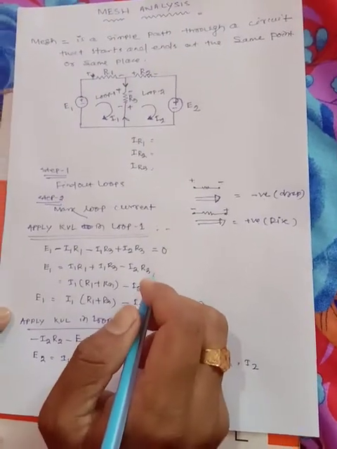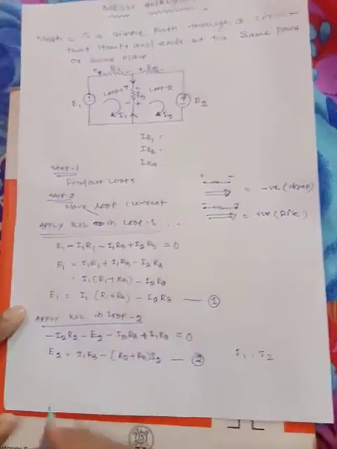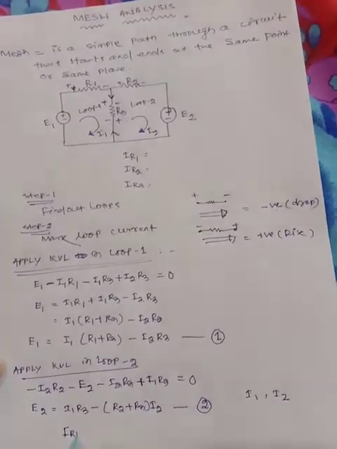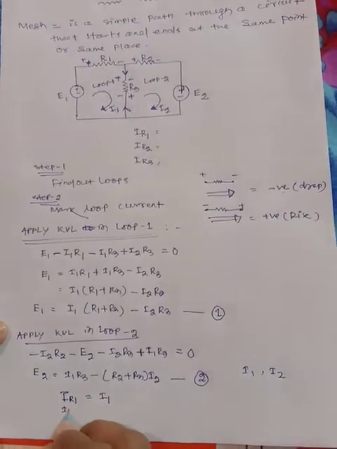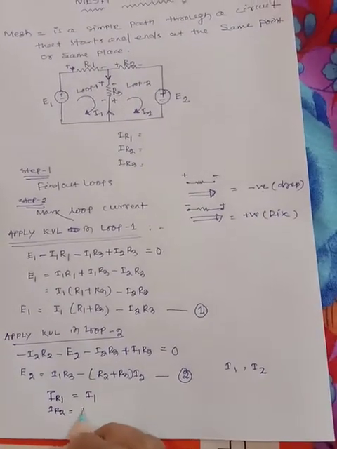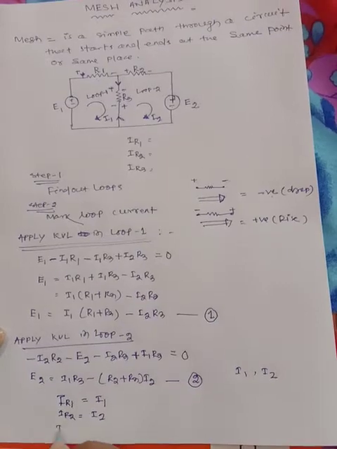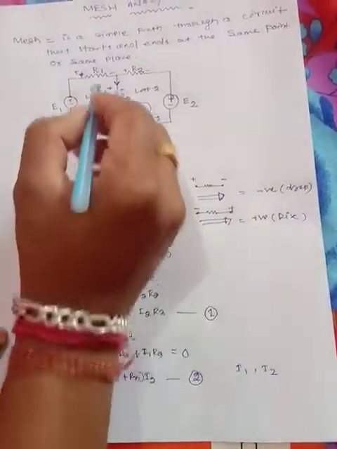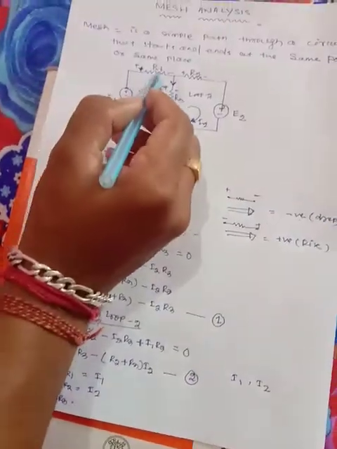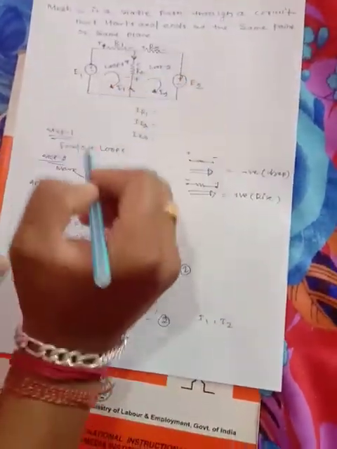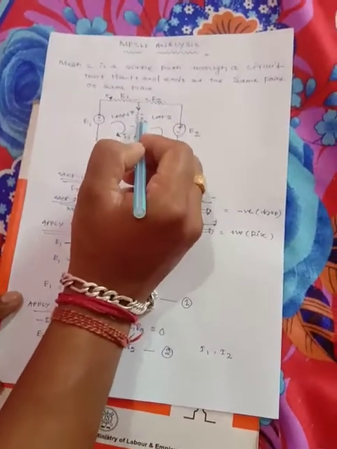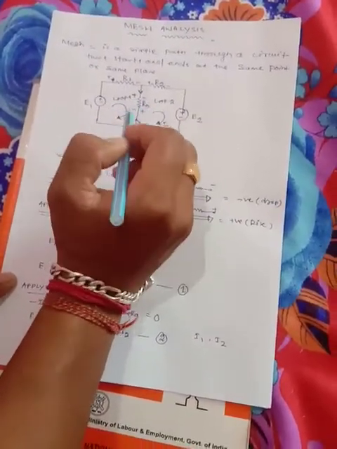So obviously we will have a number of values, that is I R1 equals I1 current, I R2 equals I2 current. I1 current is the common current, so R1 has the I1 current across it, R2 has the I2 current across it, and here is R3, that is the common branch, the common resistance.